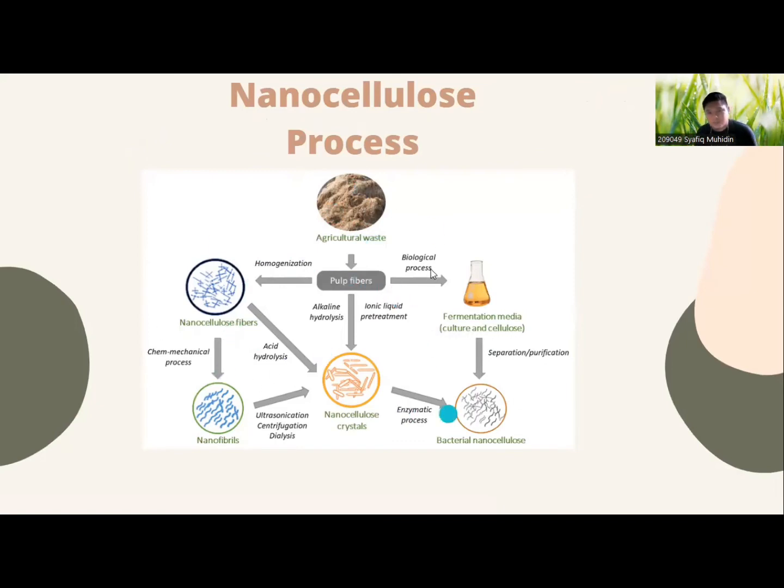Nanocellulose is another bioproduct we can get from agriculture waste, and also the oil palm frond.